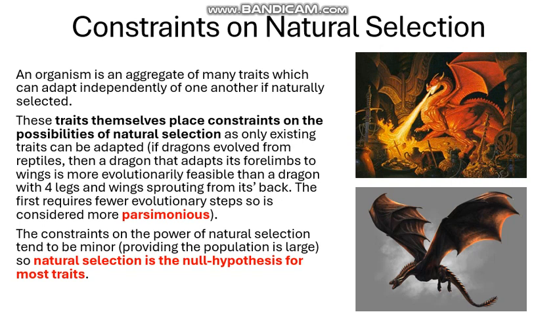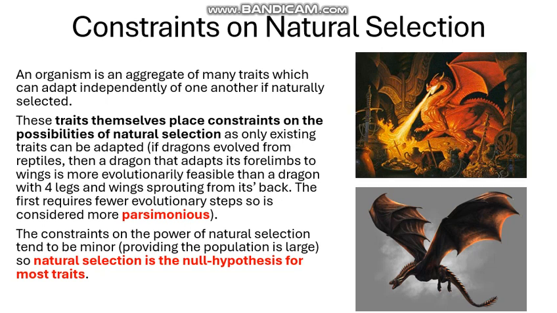So because an organism is anatomically constrained to what it can do, it's far more feasible for an organism to just adapt its 4 limbs, which it already has, into wings, rather than sprouting out 2 new limbs out of nowhere, and then adapting those new limbs into wings.